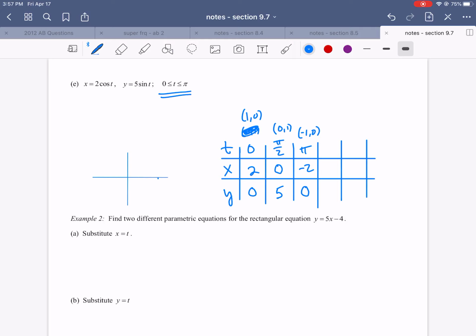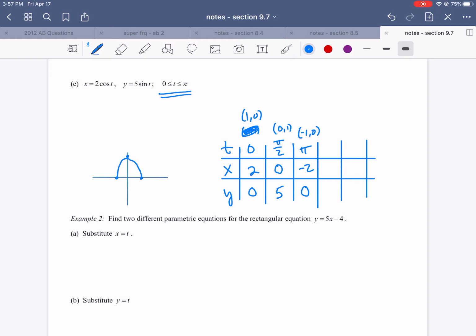So we're going to start at (2, 0), which is here. Sorry, that's probably not a good place to put that point, so let's put it a little closer to the origin to make it look more like (2, 0), and then (0, 5), and then (-2, 0), and that's going to be the stopping place since t stops at pi.